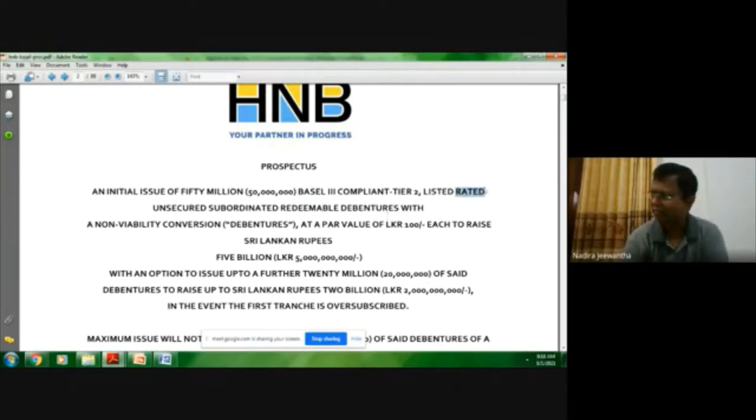Which has rated? Unsecured. Unsecured means there is no particular security. If the HNB does not pay after 10 years time, you as an investor, do you have any option to recover?